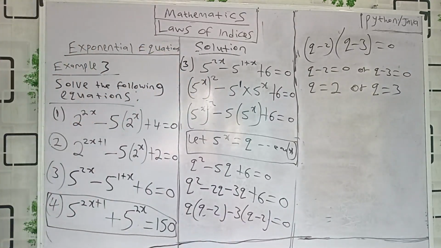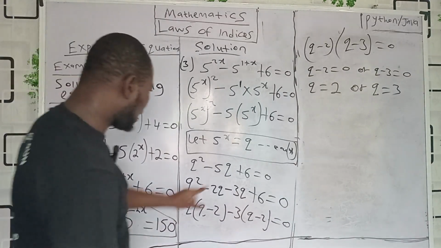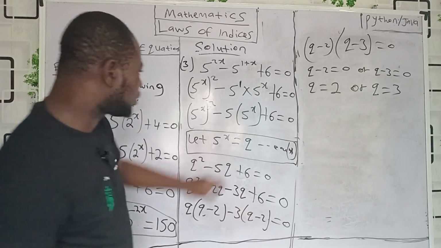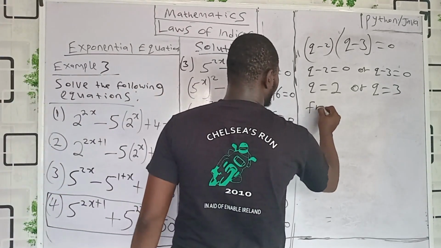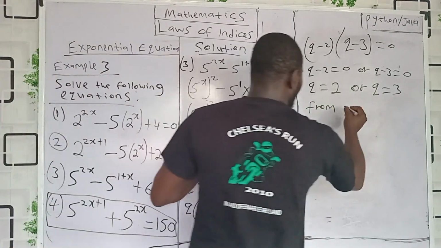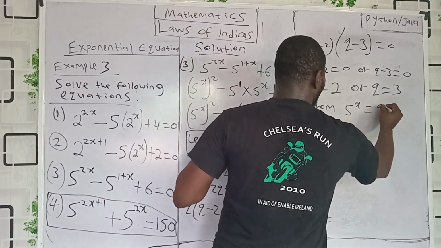Wow, that's lovely. We can now go back to 5 raised to power x equal to q, from the star.